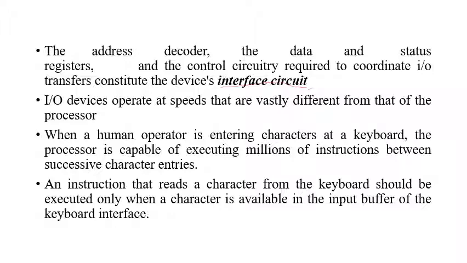Whereas the IO devices, such as some interfaces, display devices, or printing devices, may not operate at the same speed as the processor. So when a human operator enters a character at the keyboard, the processor is capable of executing millions of instructions between successive character entries.